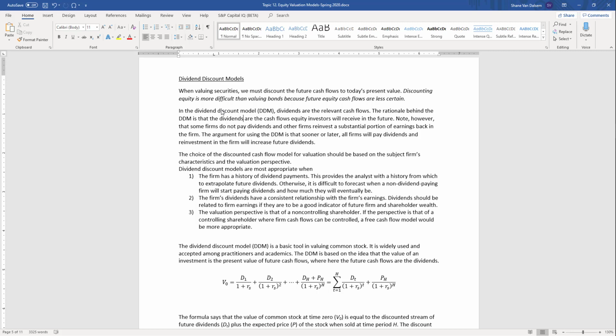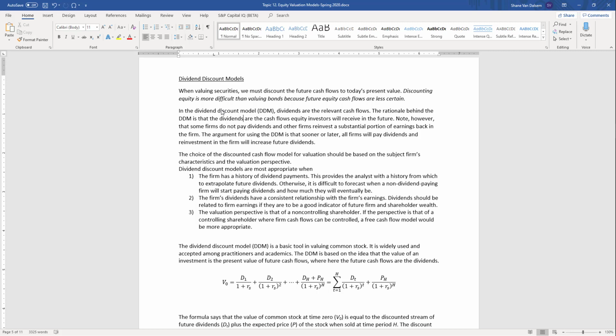So they are controlling shareholders, and so a better model to use for them would be one of the free cash flow models. For you and I, not controlling shareholders of Walmart, the dividend discount model is actually probably a good model to use, because it's very straightforward. Their dividends are predictable, and so it might work better for us, but not as well for them, to get an accurate view of the value of the company between the different shareholders.